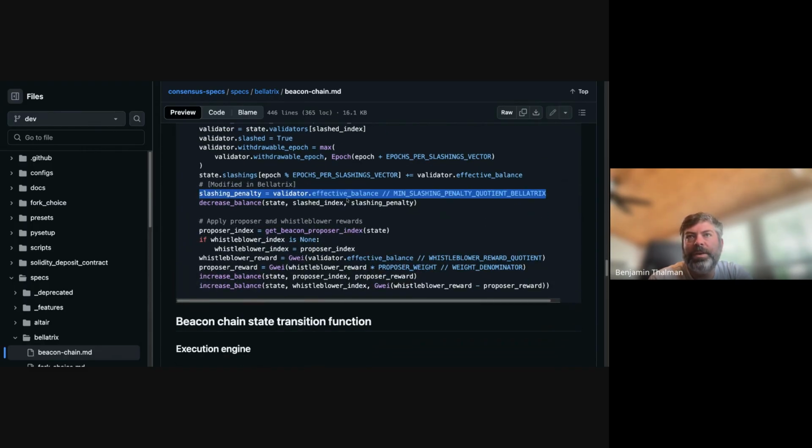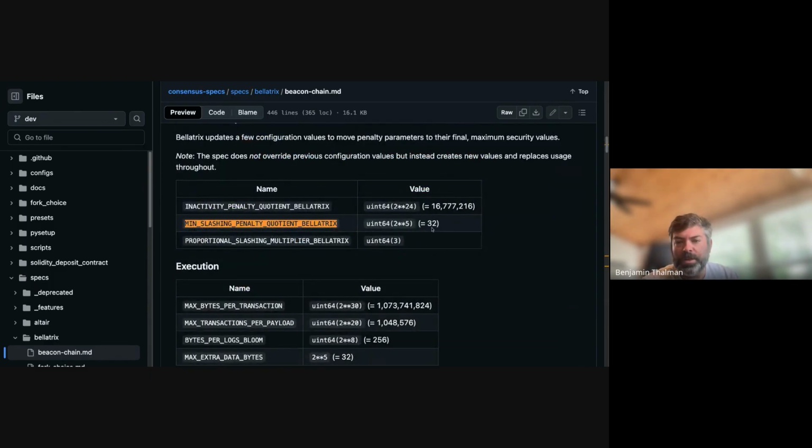Slashing penalty, validator effective balance, and remember that this dot effective balance will return the effective balance of the validator in Gwei. So if you have a validator with 32 ETH, this will return 32 billion Gwei, which is 32 ETH. Floor division, min slashing penalty quotient Bellatrix. Okay, so let's take a look real quick at that. 32.